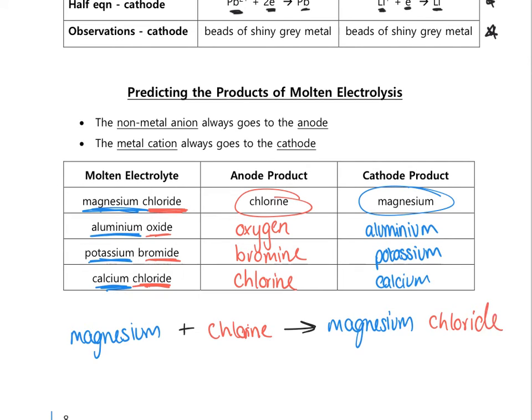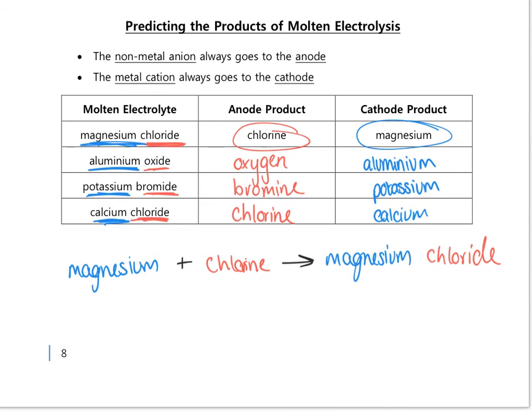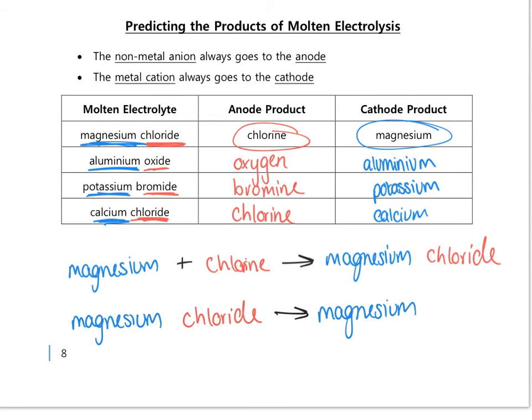But what we're doing in electrolysis is we're actually doing the reverse of this reaction. So we're taking magnesium chloride and we're converting it back to magnesium plus chlorine. And that's why I need to go back to my normal name, ending in -ine rather than -ide.